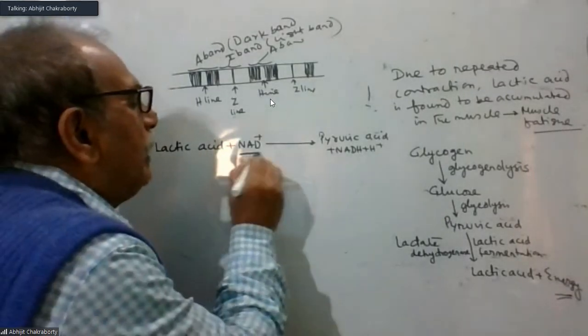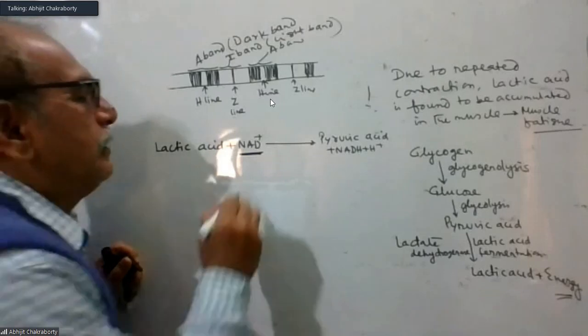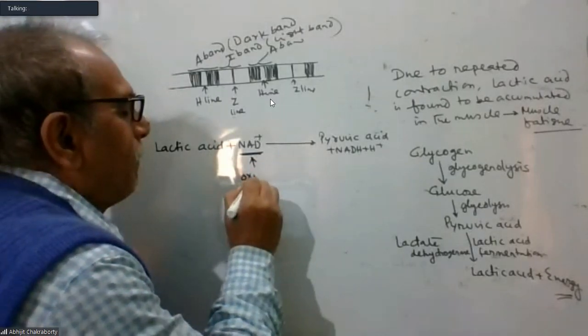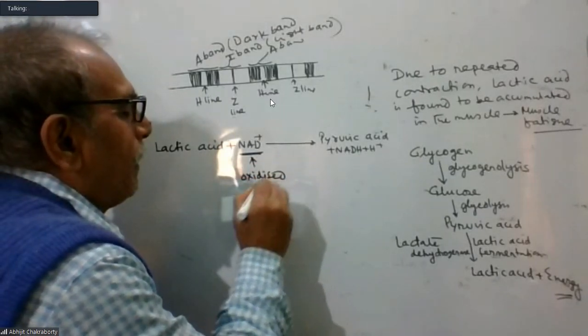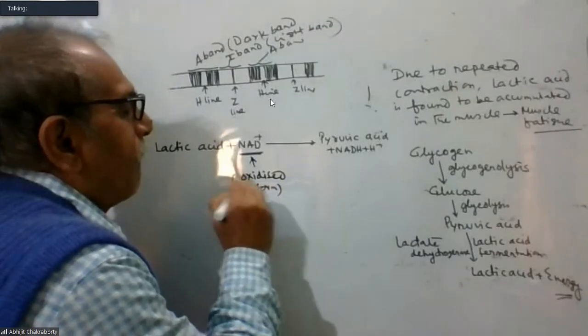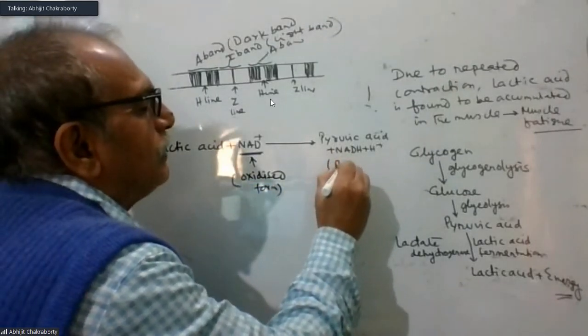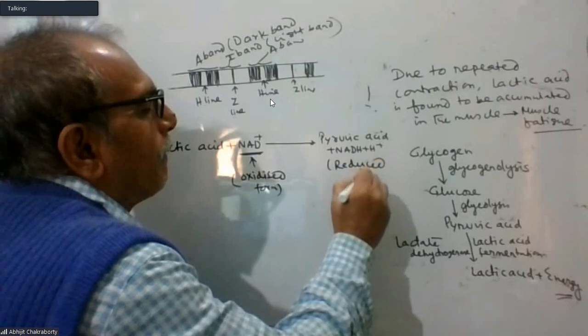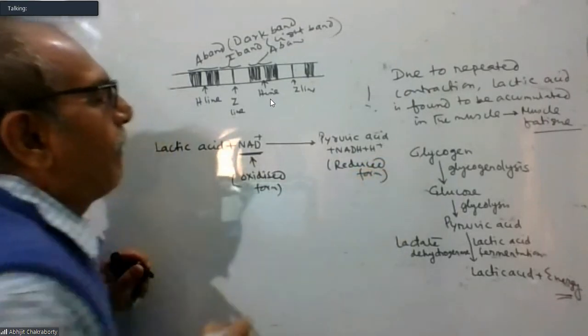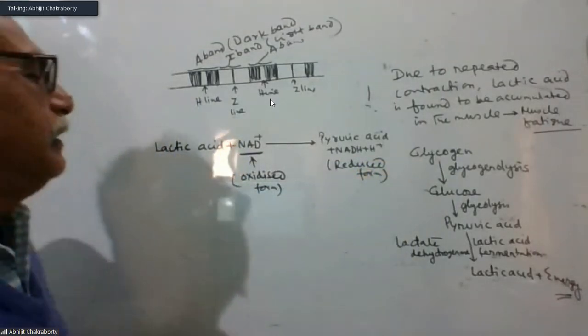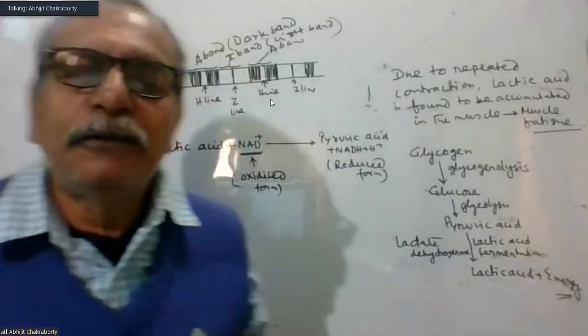NAD plus is the oxidized form, and NADH means the reduced form.